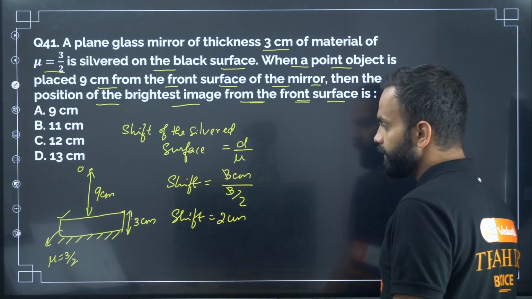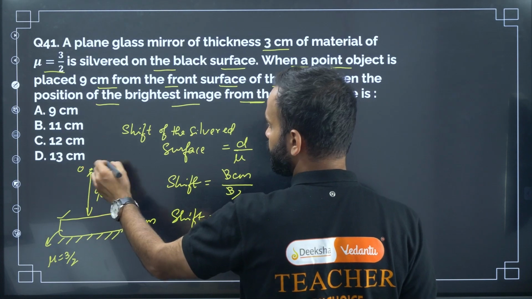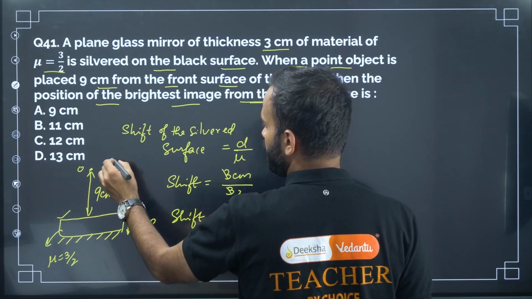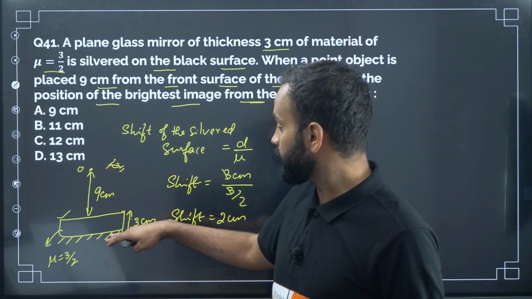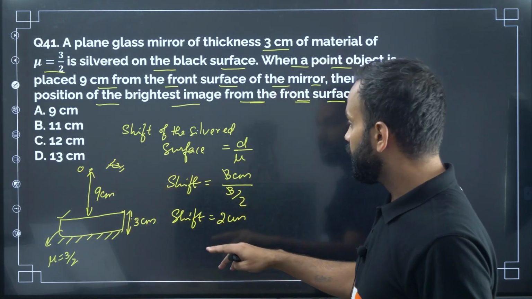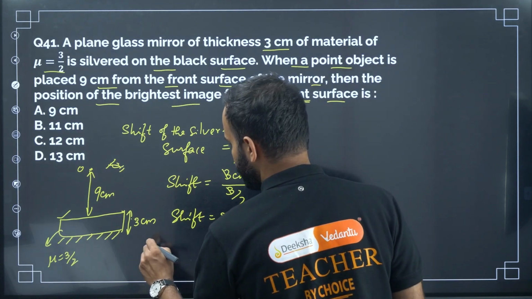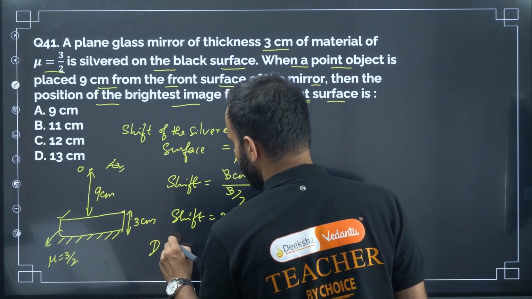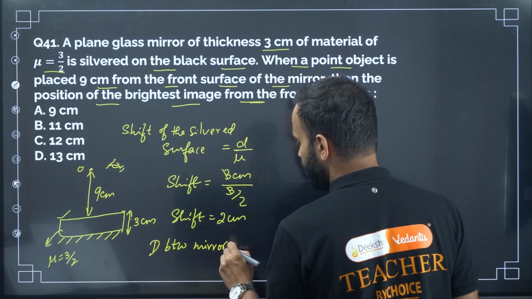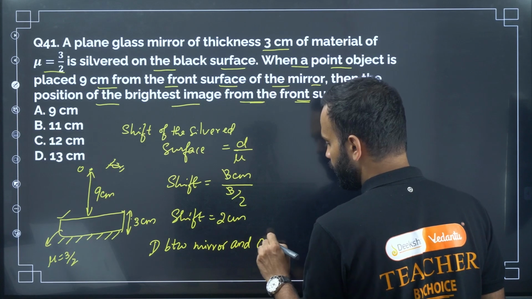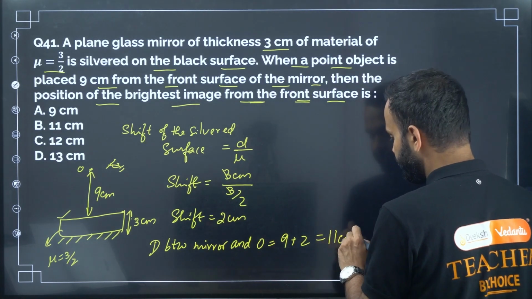Then what is the total distance? If you observe, the distance between the silvered surface and the point object is 11 centimeter. The distance d between mirror and object O equals 9 plus 2 centimeter, that is 11 centimeter.